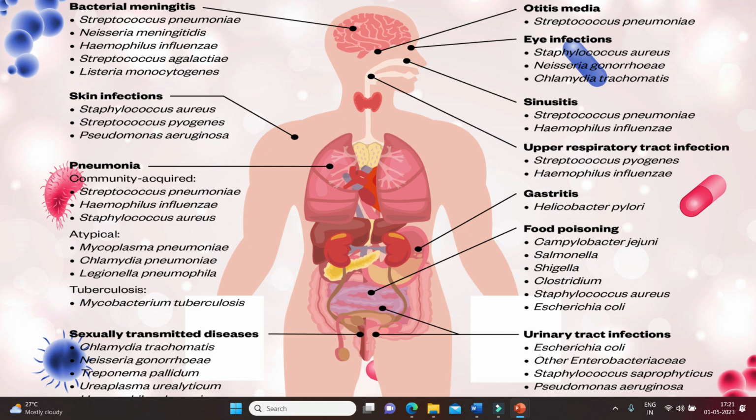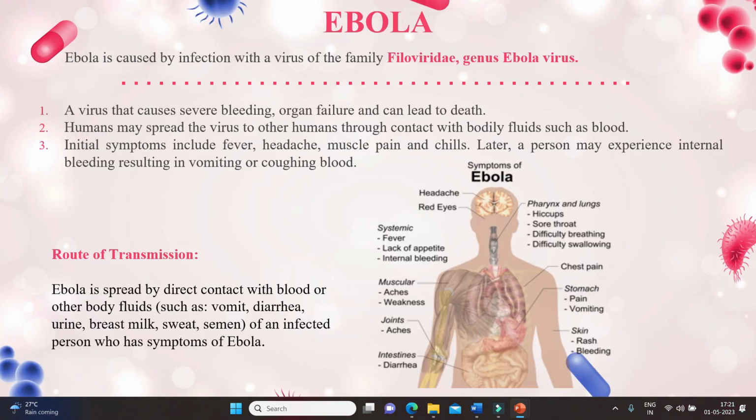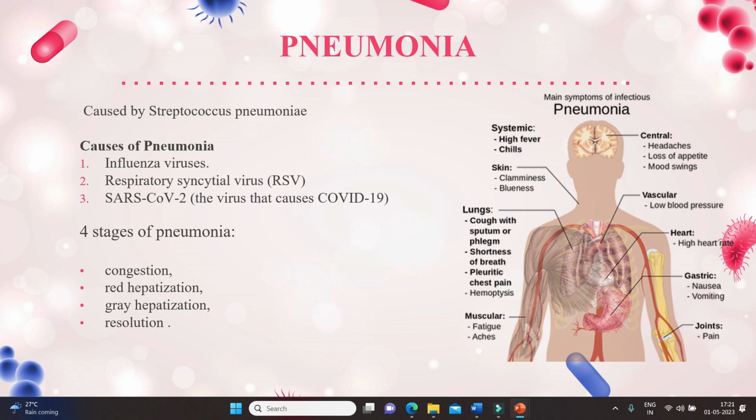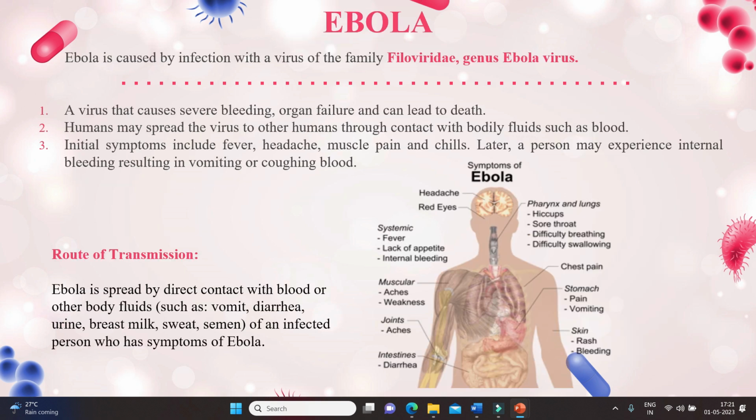Food poisoning is caused by Campylobacter jejuni, Salmonella, Shigella, Clostridium, Staphylococcus aureus and E. coli. Urinary tract infections are caused by E. coli and other Enterobacteriaceae, Staphylococcus, and Pseudomonas aeruginosa.